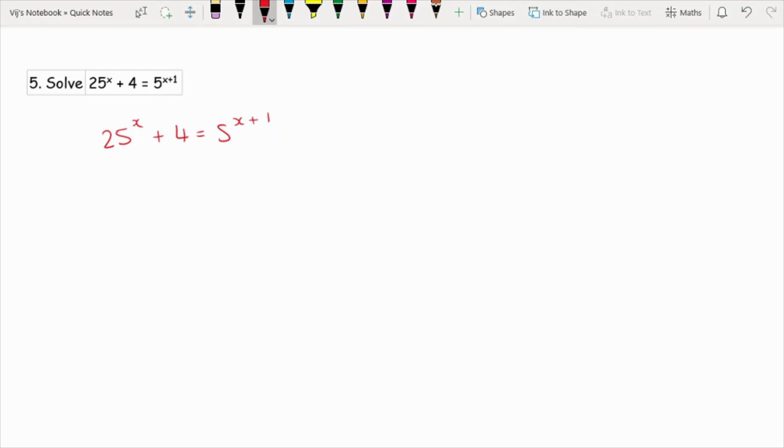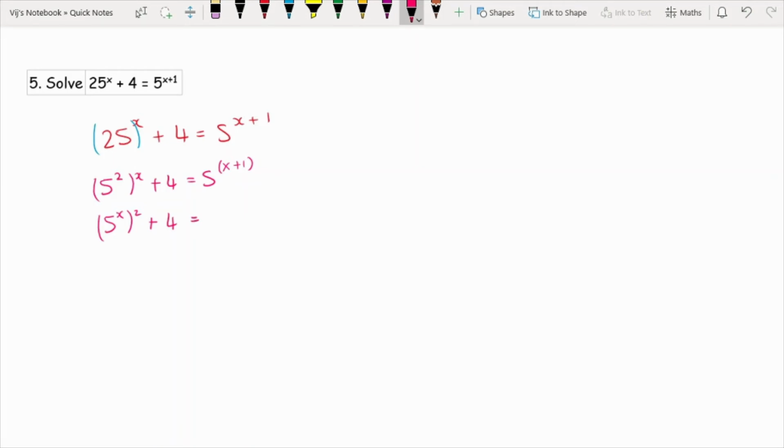Now with this, I notice that we've got a 25 and a 5. So I'm thinking to myself, well, let's write this as a power of 5. So what we get when we write that as a power of 5 is 5 squared to the x plus 4 equals 5 to the x plus 1. Now I'm going to swap the x and the 2 around.